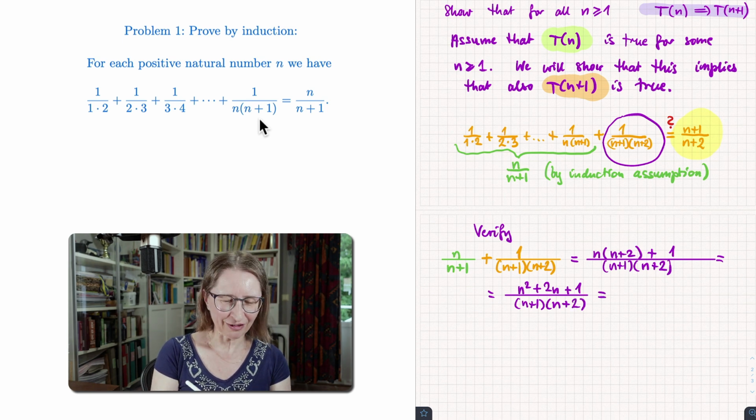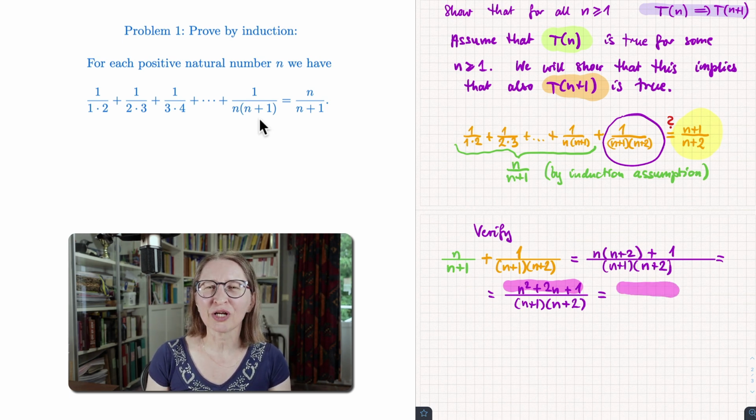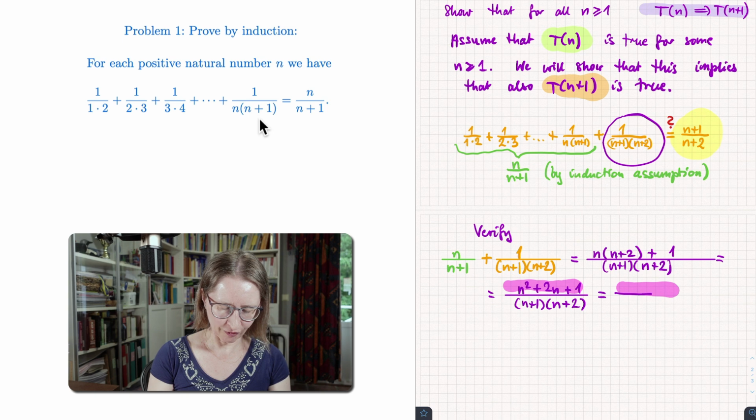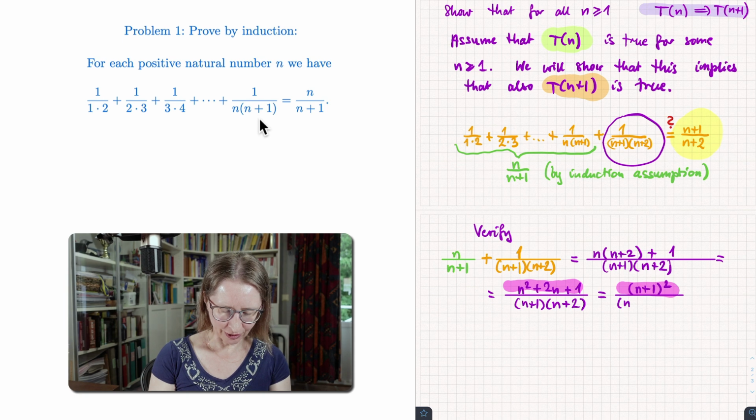But now look carefully, what do we get in this, maybe another color which I didn't have yet, this one. What do we have here? You probably recognize the formula for the square of a sum, right? This is n plus 1 all squared, right? And in the denominator, n plus 1 times n plus 2.